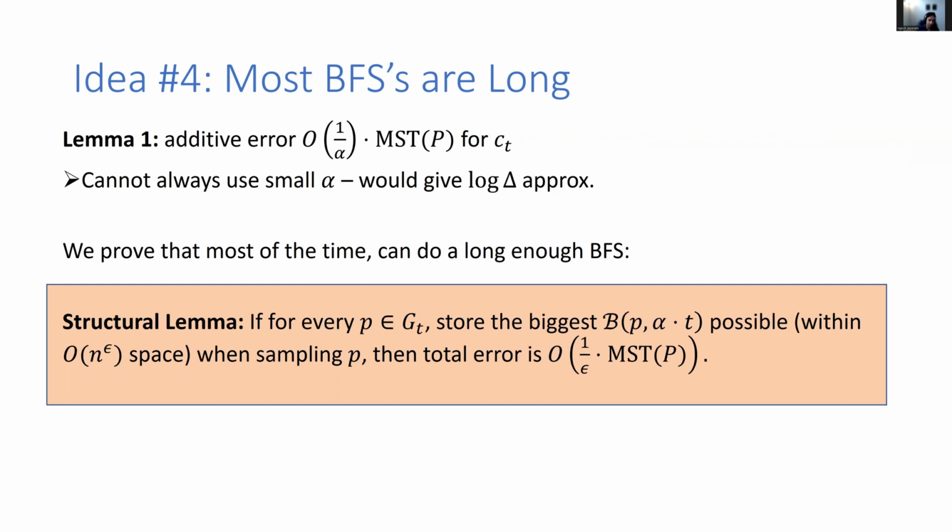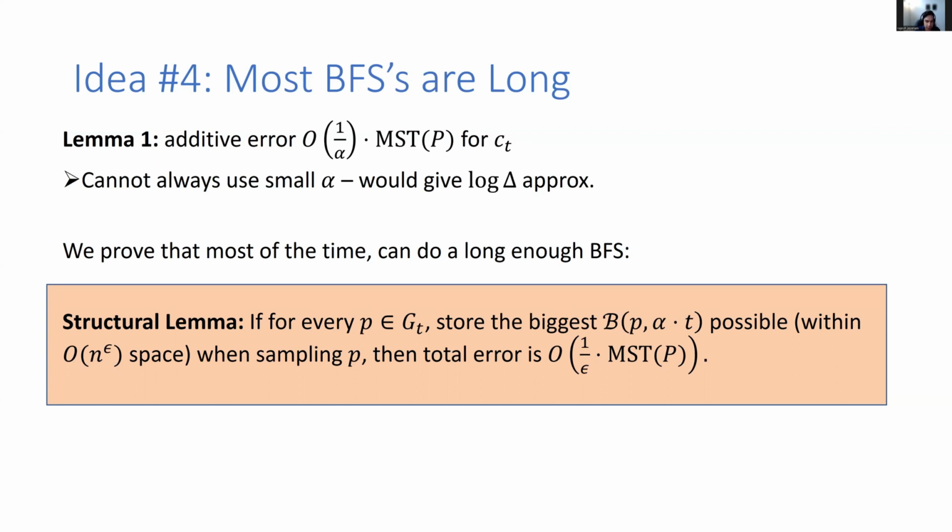Specifically, we show that for every point P in the graph G_T and for every level T, if I store the biggest metric ball B_P(alpha times T) that's possible within our space bounds of n to the epsilon, after sampling that point P, then the total error of my estimator in expectation over the sampling and output estimation process is at most 1 over epsilon times the MST. So this is the key result of the paper. We show that for every point, you store the biggest ball that you can up to your space, output 1 over the number of points that you found in that kinetic component after exploring it, and you get a constant approximation.